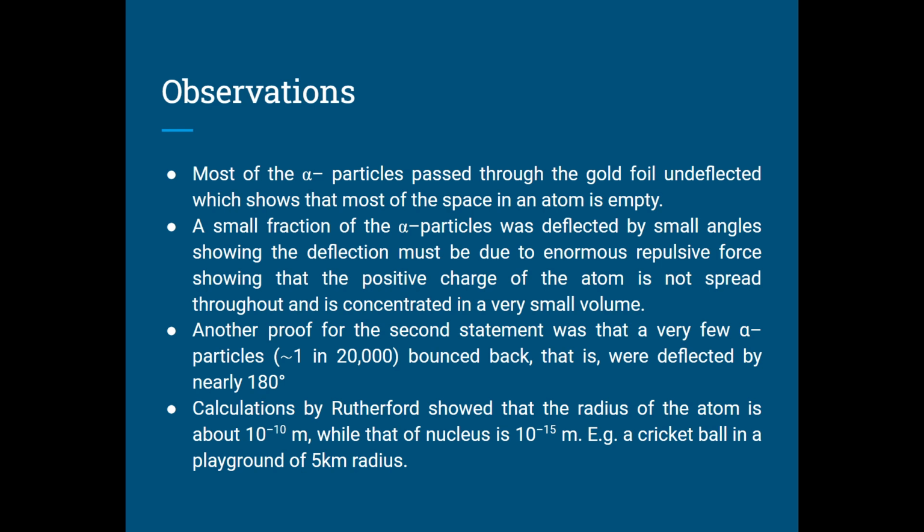Okay, so alpha particles were actually being deflected by these species, and since there was a very small angle of deflection, this shows that this nucleus, which had that positive charge, was not spread throughout but was concentrated somewhere inside the atom.